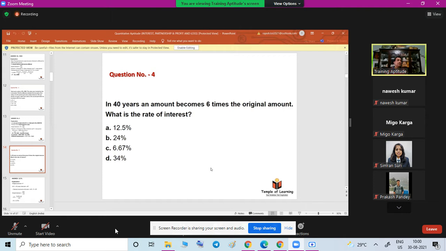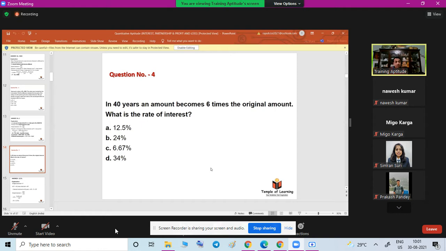Let's think of good things early in the morning: your salary is 1 lakh rupees per month. It becomes 6 times, 6 lakhs. What is the increase? The increase is 5 lakhs.